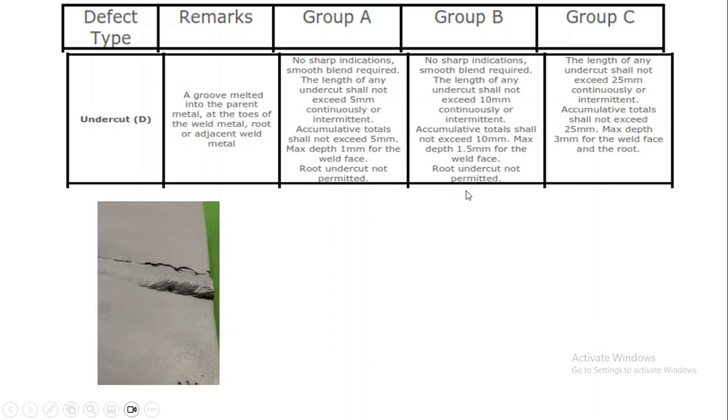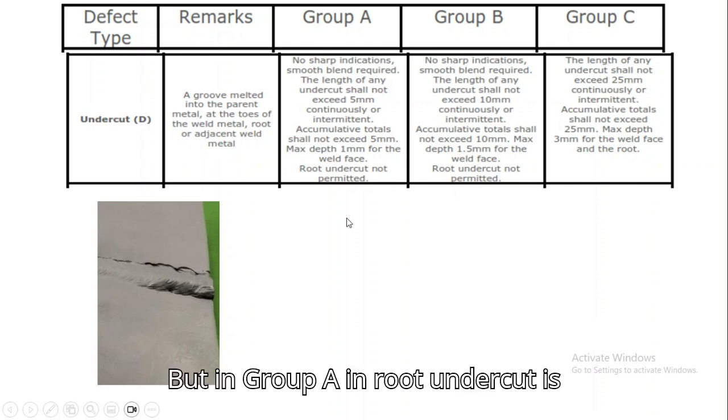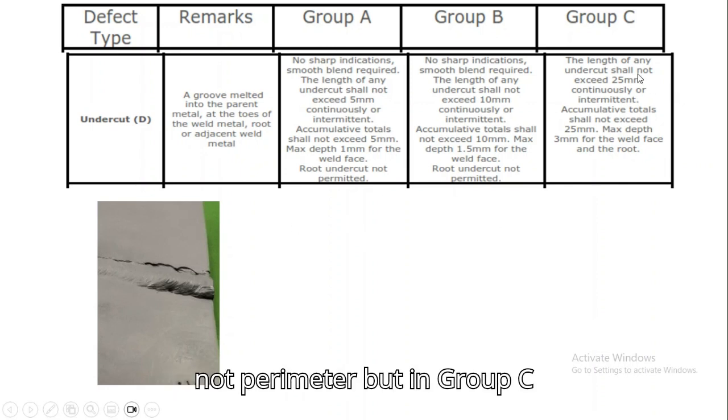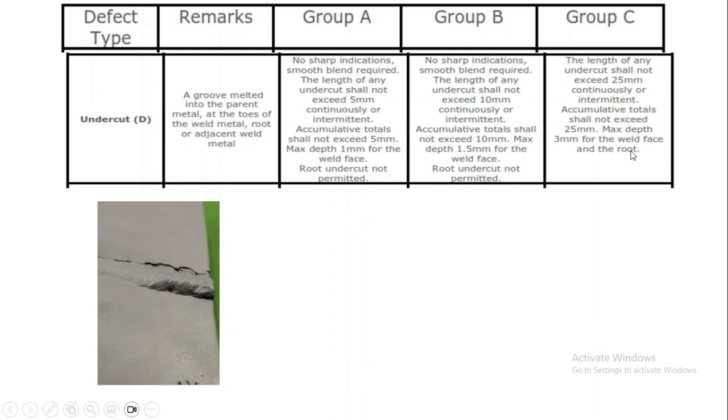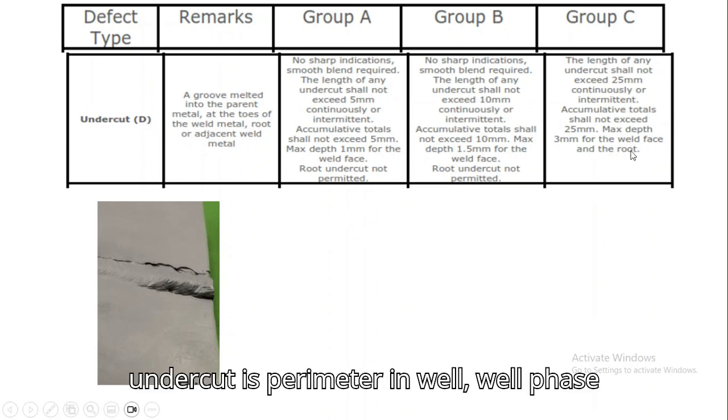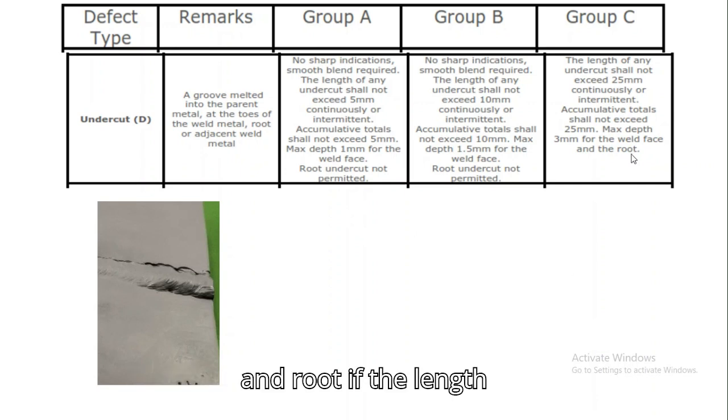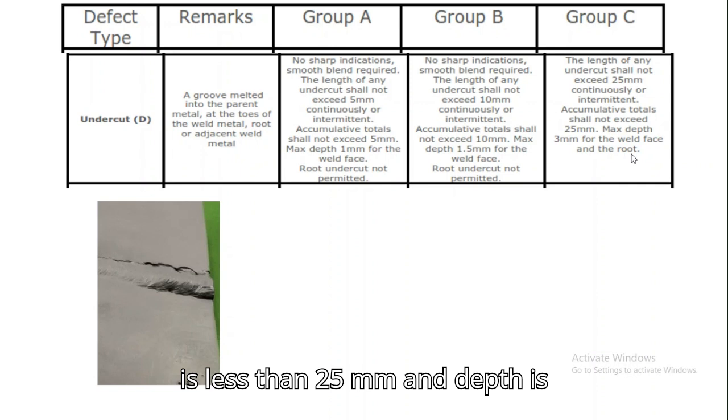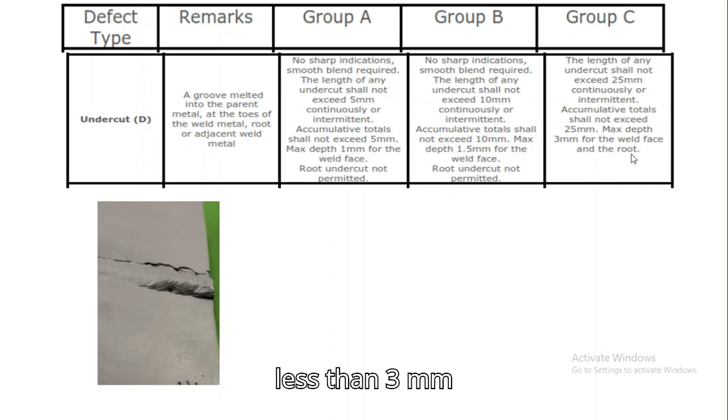In group A, in root, undercut is not permitted. But in group C, undercut is permitted in weld face and root if the length is less than 25 mm and depth is less than 3 mm.